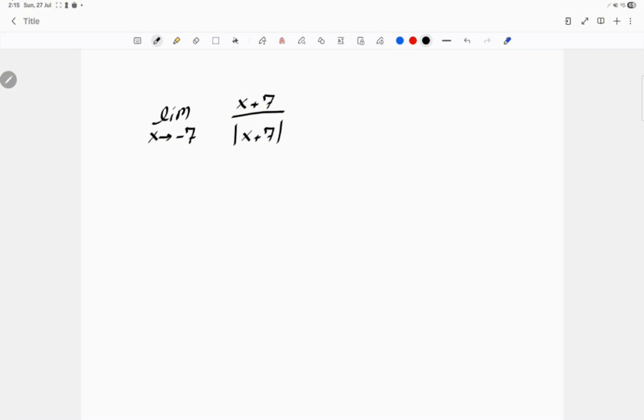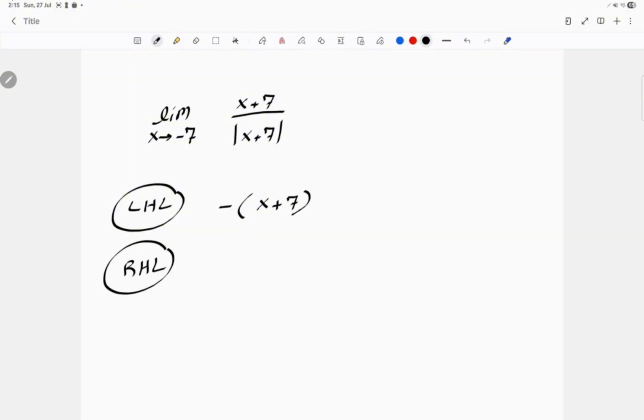So is that for absolute value? Yeah. If you see absolute value, always break it up into a positive component and a negative component. Your left-hand limit is going to be when the absolute value is all negative from the outside. Right-hand limit when it's all positive from the outside.